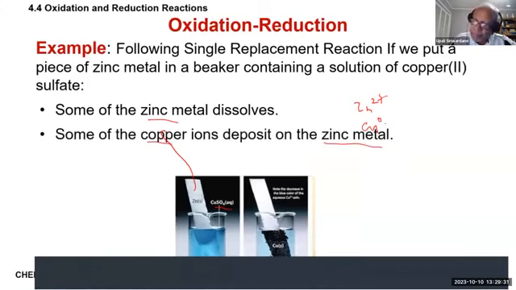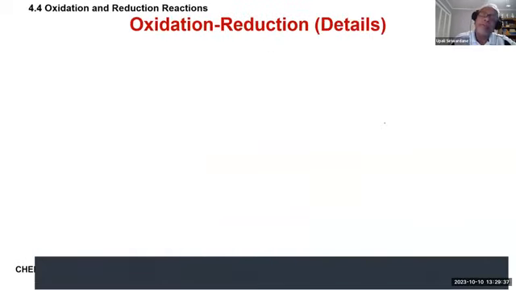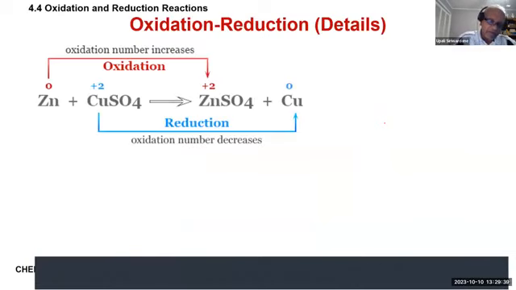So we can use a galvanic cell or voltaic cell to show this reaction between zinc and copper. Zinc is oxidized. Oxidation number increases. Oxidation number is the same as the charge on the metal atom. This oxidation number is 0.